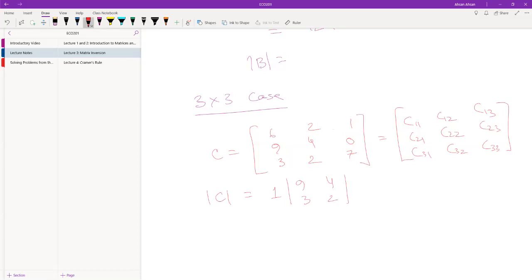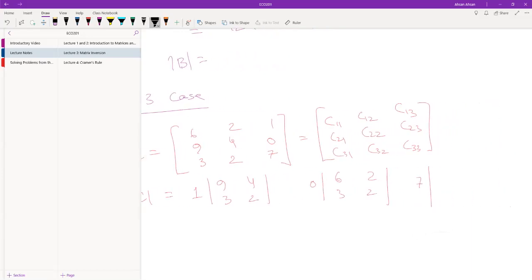So remember, we are working with the third column. So 1, and then we have 0. And if we ignore everything in this row and column, we are left with 6, 2, 3, 2. Okay. And then we come to the third element, which is 7.